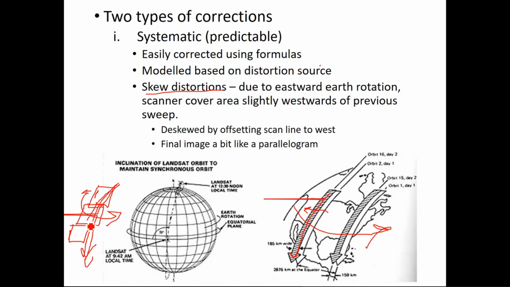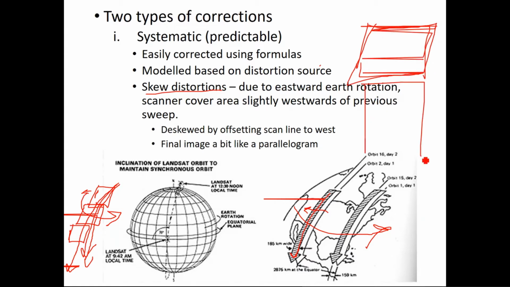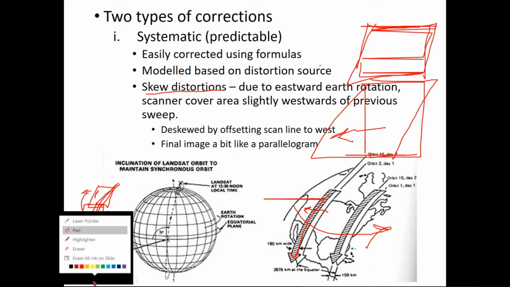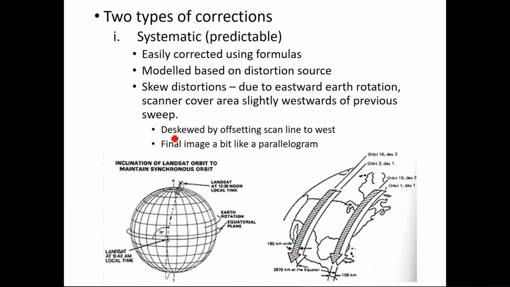Finally, the final image will look slightly skewed, like a parallelogram, instead of looking like this, it will look a bit skewed, because there is a slight westward offsetting so that total area coverage is done as the Earth moves fast to the east. So that is one correction to be done, that is de-skewing, and it can be done using formulas.